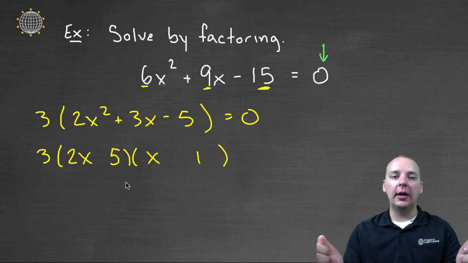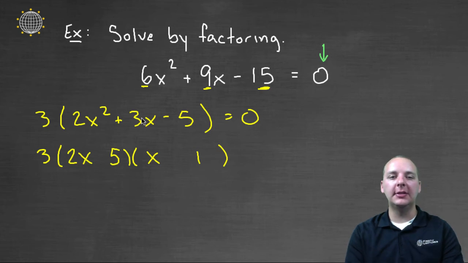We'd get a 2x and a 5x. That could give us 3x if the signs were right. We would need a positive 5x and a minus 2x to give us 3x. Now, that's not saying that that's the correct answer, because we still have to make sure the sign works all the way through for all the terms like they're supposed to. 5 times negative 1 would actually give us negative 5 as well. So it looks like we're good to go.